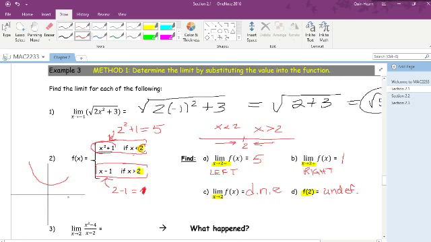At the x value 2, it would have had a value of 5, since 2 squared plus 1 is 5, but instead we have an open dot there because there's no "or equal to".